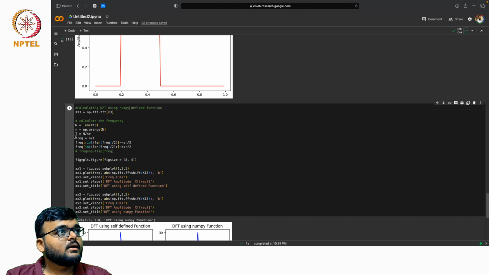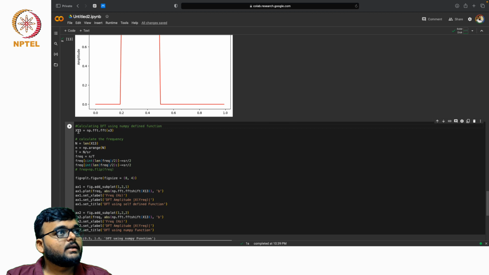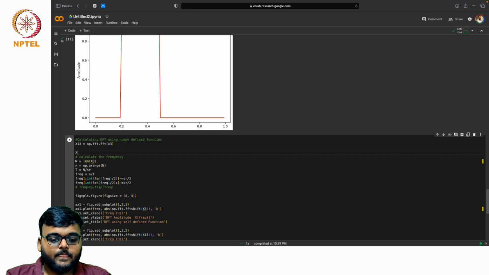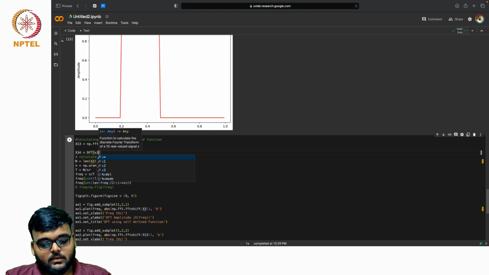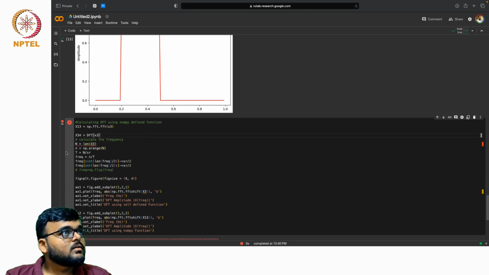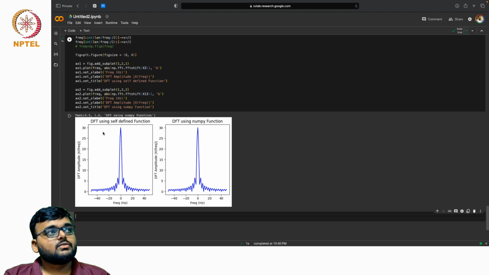Now here, oh pardon me, so this will be x3 and this will also be x3. What I missed here is calculating x3 using the self-defined function and DFT of small x3. Sorry, this is x34. Now, yeah, so self-defined and this.